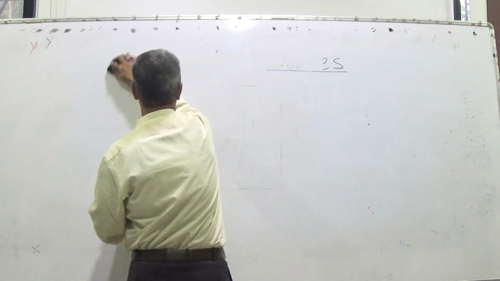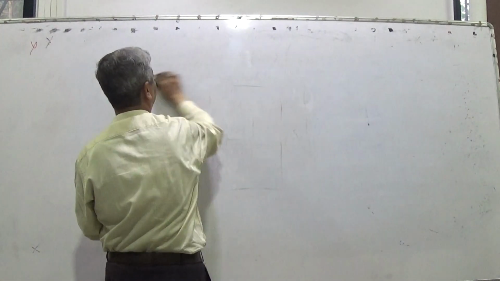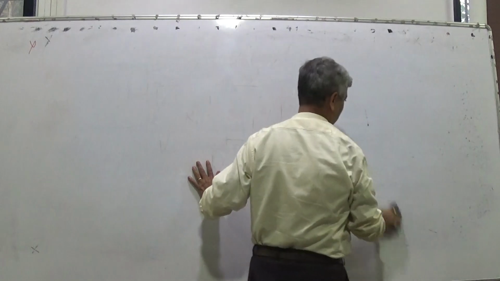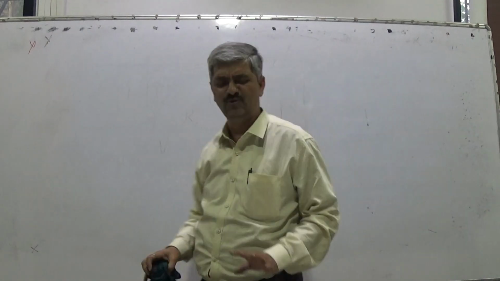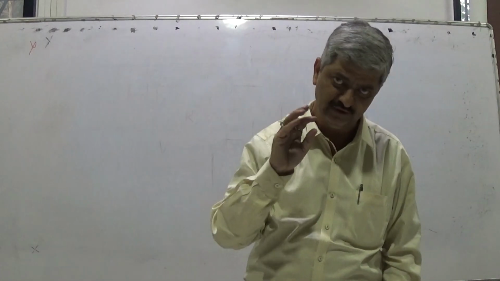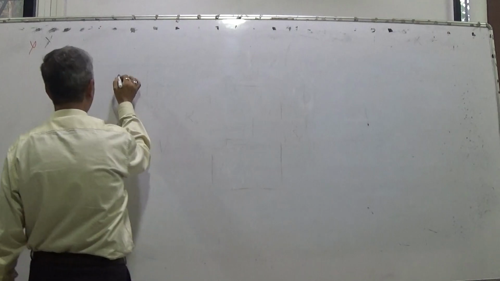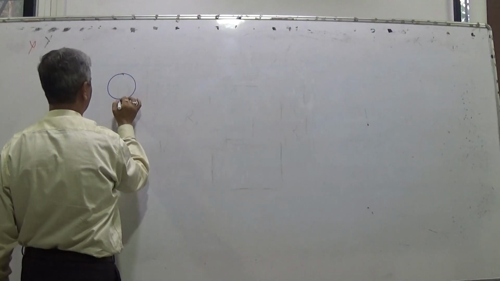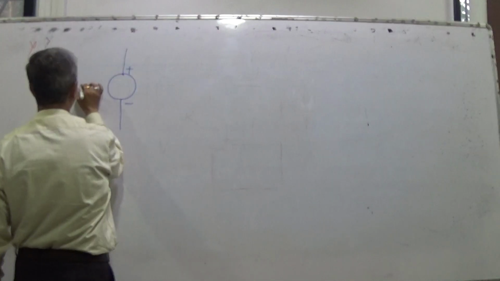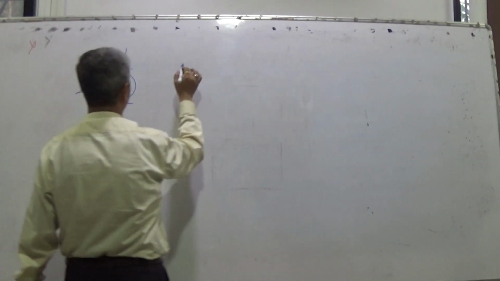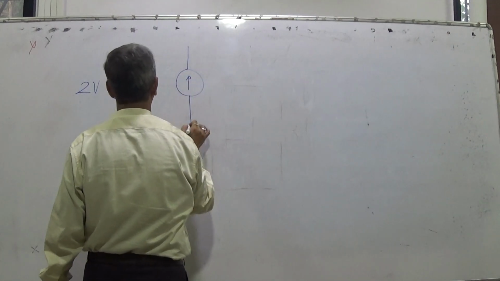It is quite simple, and as I have already stated, it is very simple logical work with not much fundamental new thing added. The only difference is that the independent voltage source is shown like this, with plus and minus, and 2 volts shown.